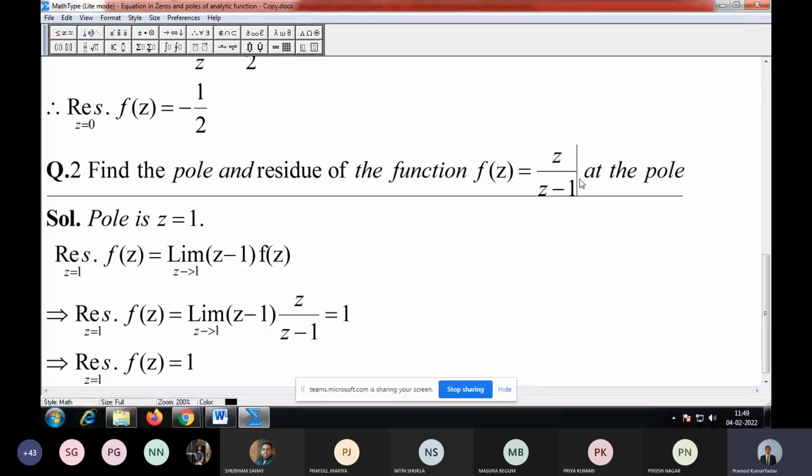In order to find the residue at the pole of order 1, simply multiply this expression by (z minus z0), that is (z minus 1), and take the limit as z tends to 1. So (z minus 1) will cancel out, z will remain, and the limit as z tends to 1 gives 1. So the residue of the function will be 1.